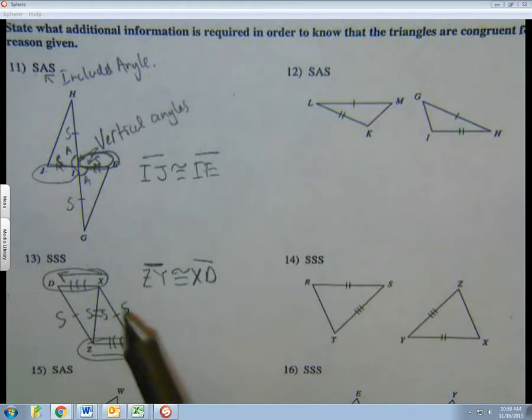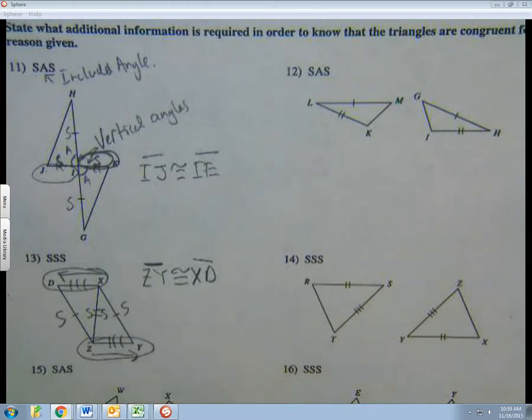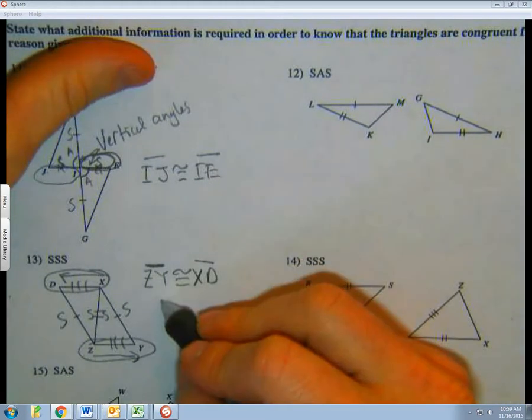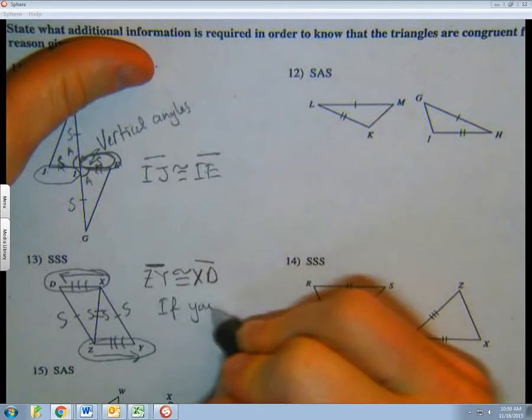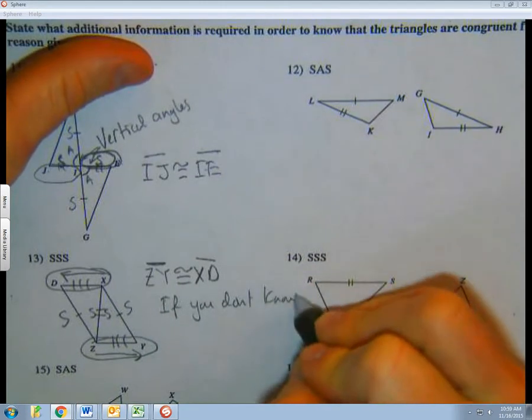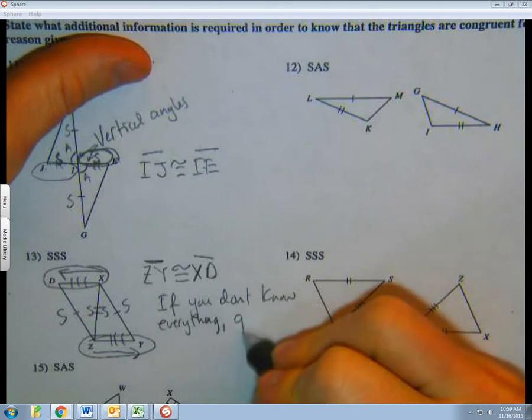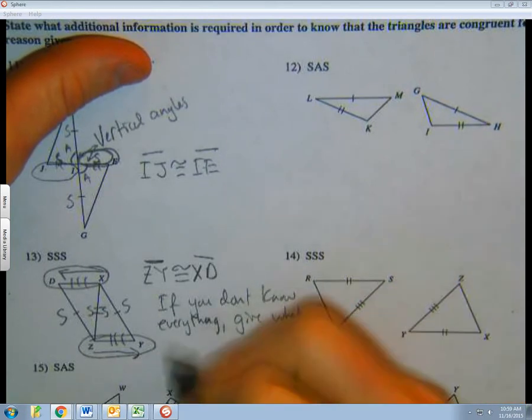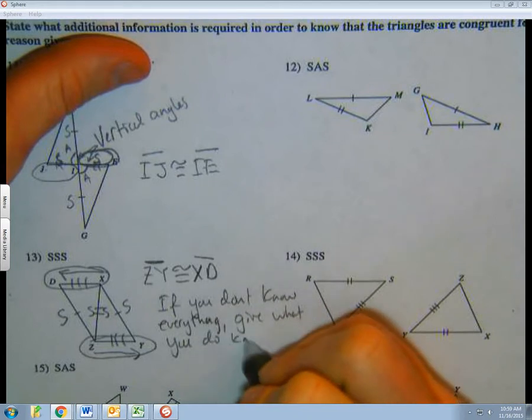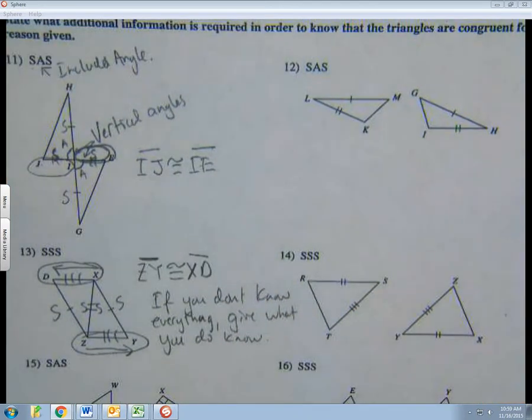And if you don't know, as always, just give us what you do know. Alright, that is it for this lesson. Hope that makes sense, and we'll work on some practice problems.